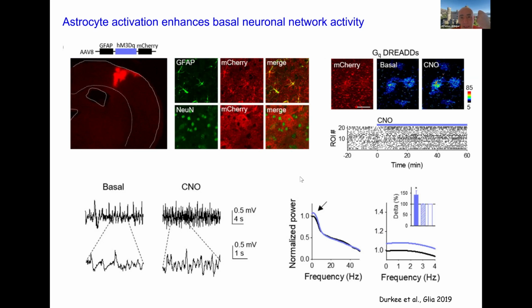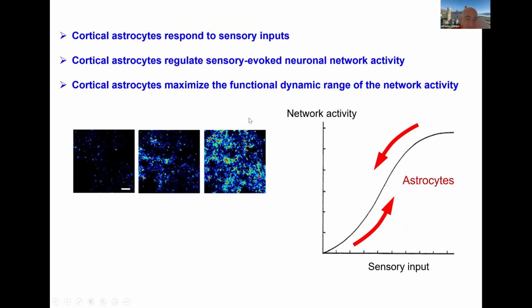With this, we propose the following hypothesis or mechanistic idea about the role of astrocytes in the neural network function. First, these data suggest that the cortical astrocytes respond to sensory inputs, that the cortical astrocytes regulate sensory evoked neural network activity, and that the cortical astrocytes maximize the functional dynamic range of the neural network.